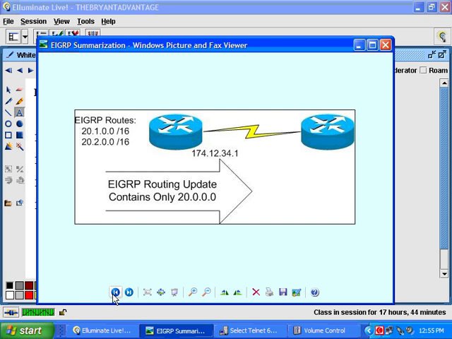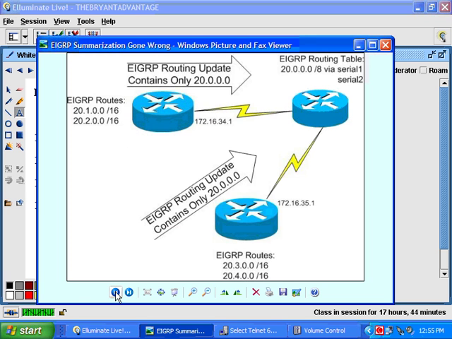So let's say that 6 months from now or a year from now, someone else comes in and you got a new router and it's going to use subnets of 20.0.0.0. Makes perfect sense. You're thinking, well, let's go ahead and just keep using these subnets in numerical order. So we'll put 20.3.0.0 and 20.4.0.0 down on this other router.